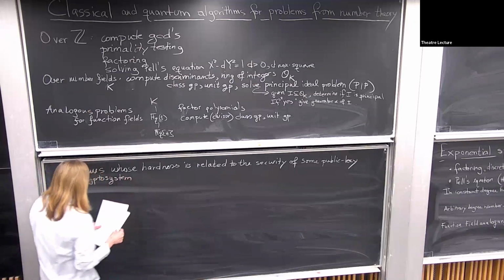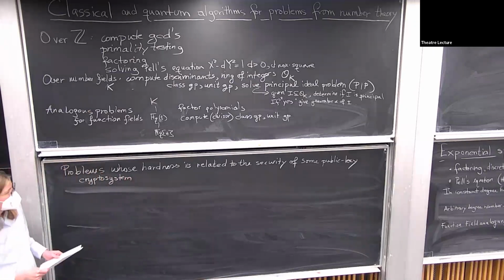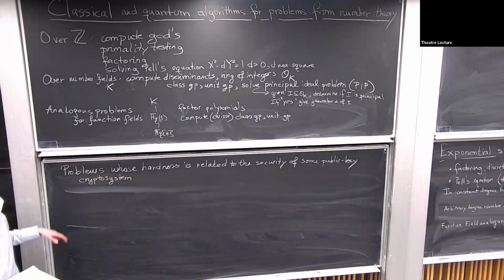In a public key cryptosystem, the idea is that everyone can only communicate over a public channel, but you still want to set up a secret, even though you don't have any way to agree on a joint secret in advance. So you have to be able to do that out in the open.